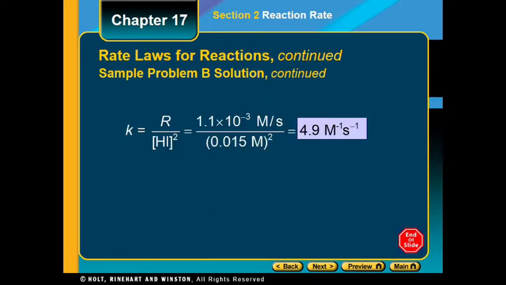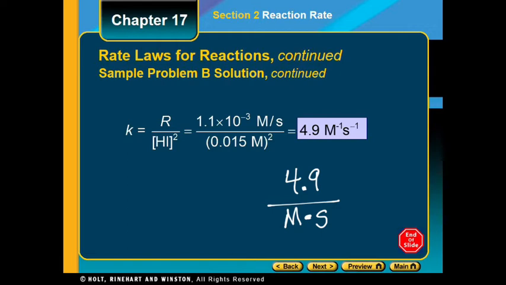So we have rearranged the equation to get K by itself. We plugged in the rate and the concentration of HI for the first experiment, and we see that our final answer for the value of K is 4.9, and the units would look like per M times S. So that is 4.9 per molarity second, the way this would be written.